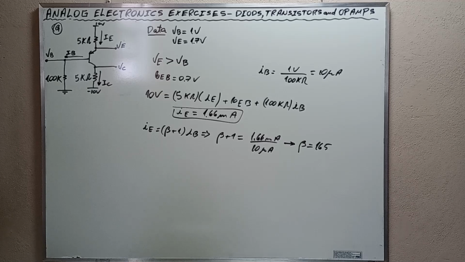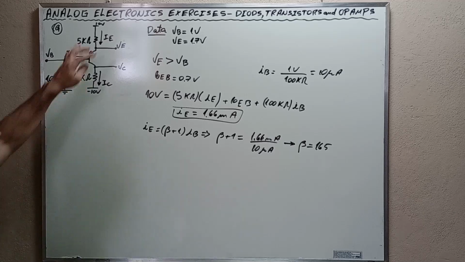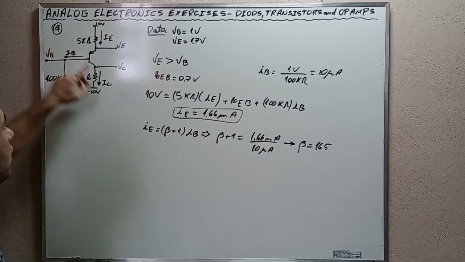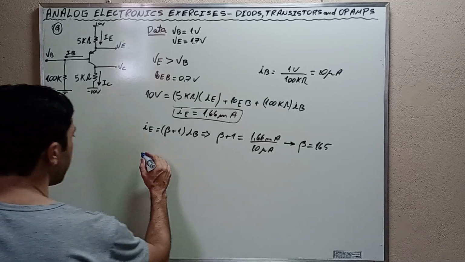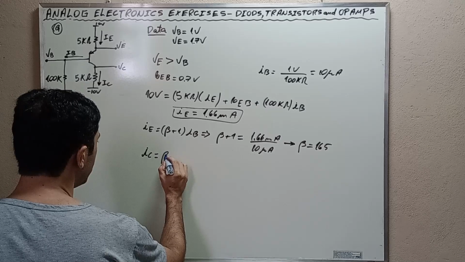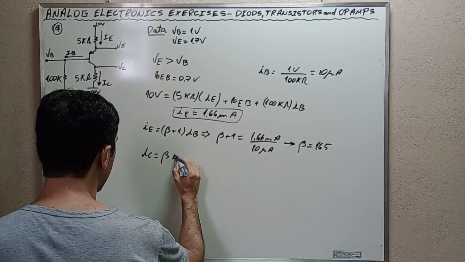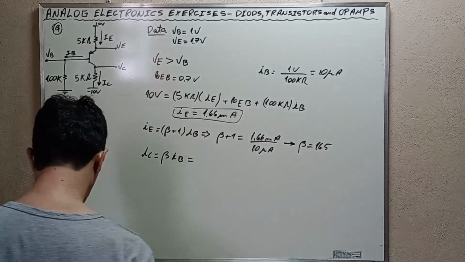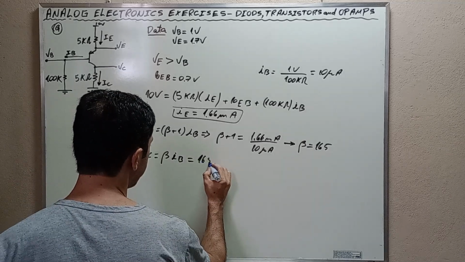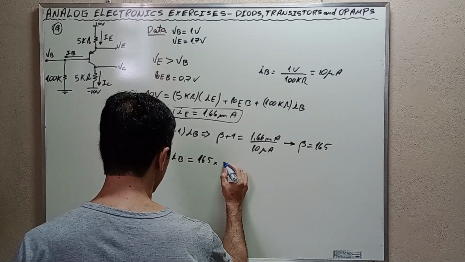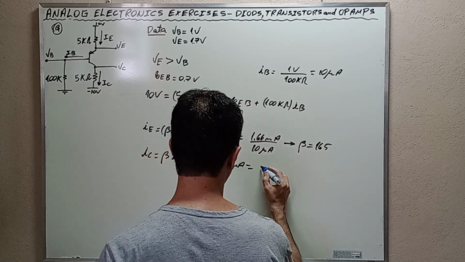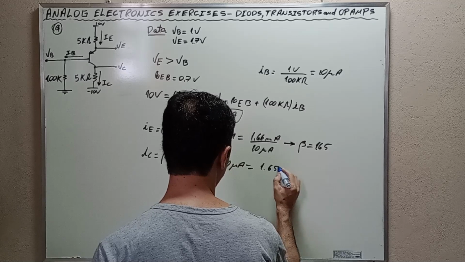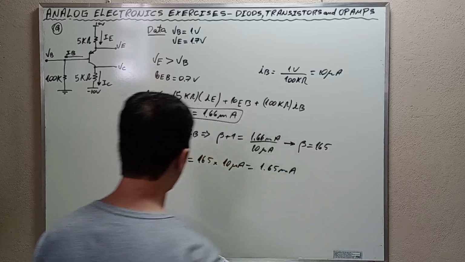Let's continue. We have to find the value of IC now. We already have IE, we have IB. Now we need to calculate IC. IC is equal to beta times IB, and this is equal to 165 times 10 microamps, which is equal to 1.65 milliamps. Okay?